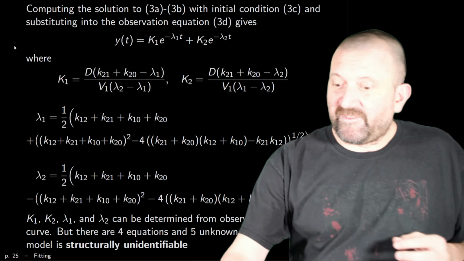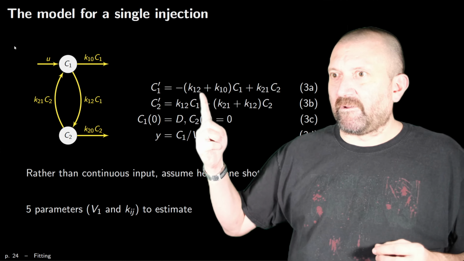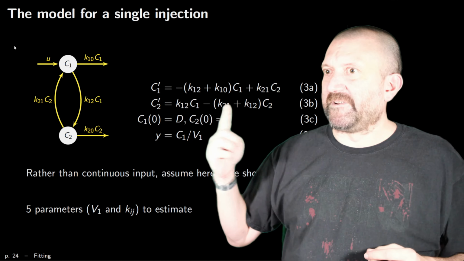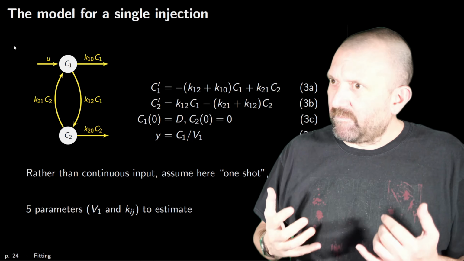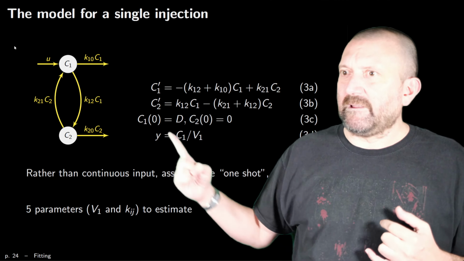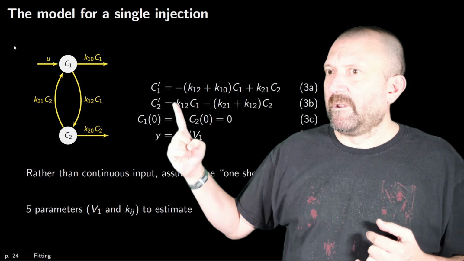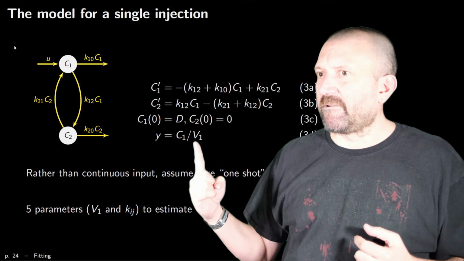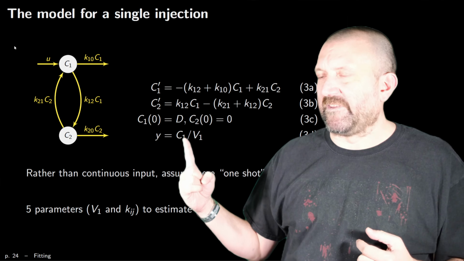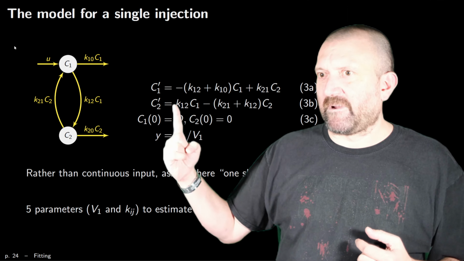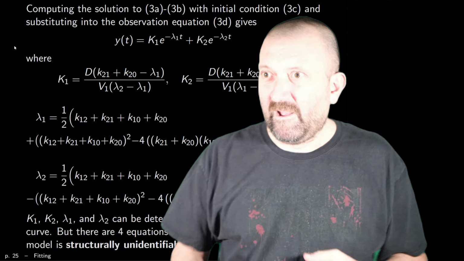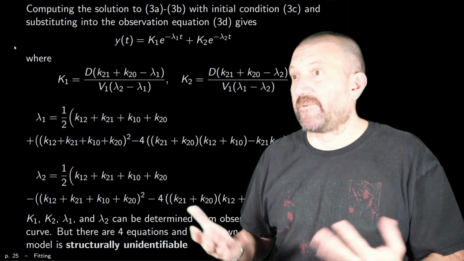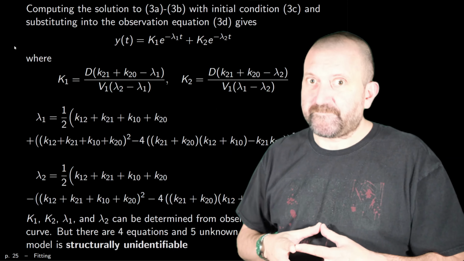Now, this is a very simple, if you go back to this system, this is a linear system of differential equations. It can be solved explicitly. Okay, it's a system of 2 differential equations together with an initial condition. This one I can find once I know C1 of t. Okay, so this is just 2 equations, 1 initial condition. So I can solve explicitly using, for example, the matrix exponential.